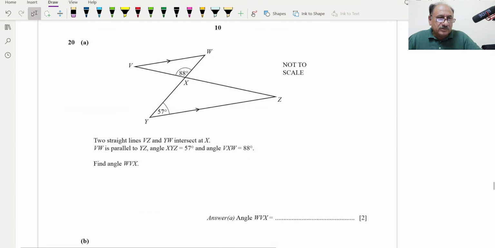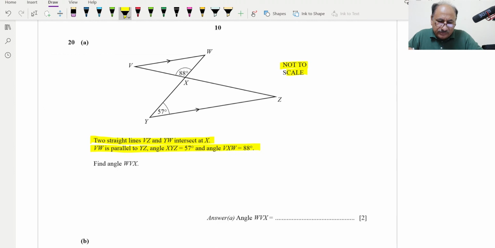Now question number 20. Question 20 has a diagram which is not to scale. Two straight lines VZ and YW intersect at X. VW is parallel to YZ.